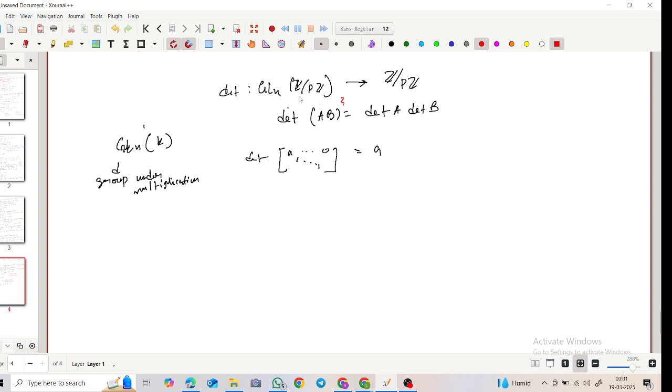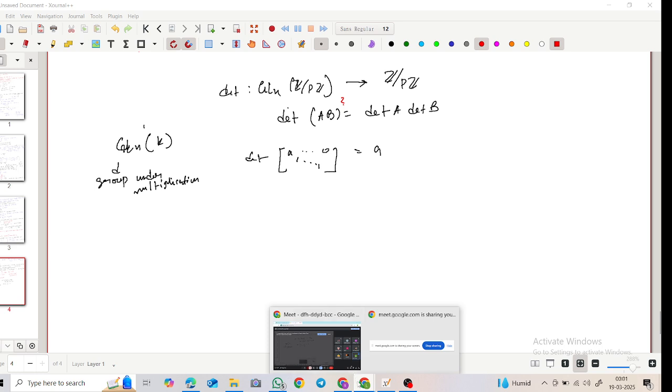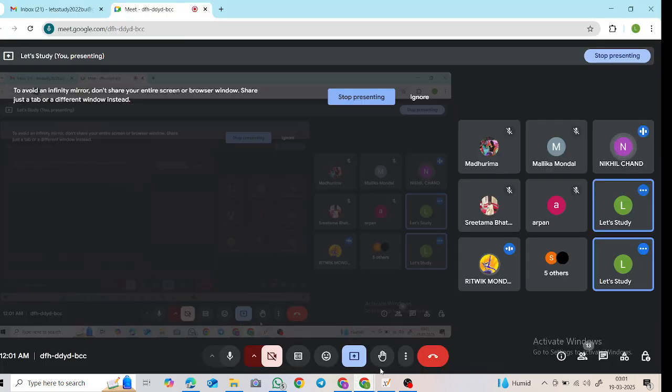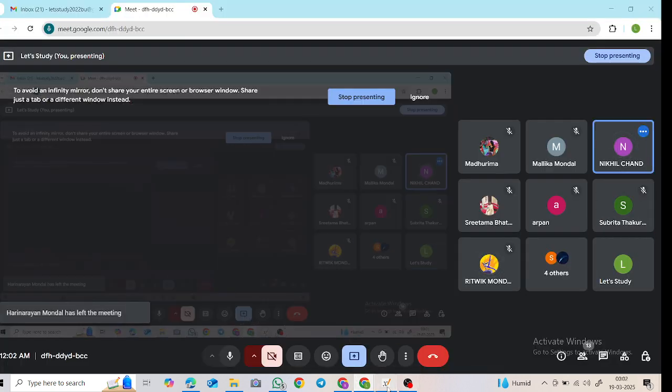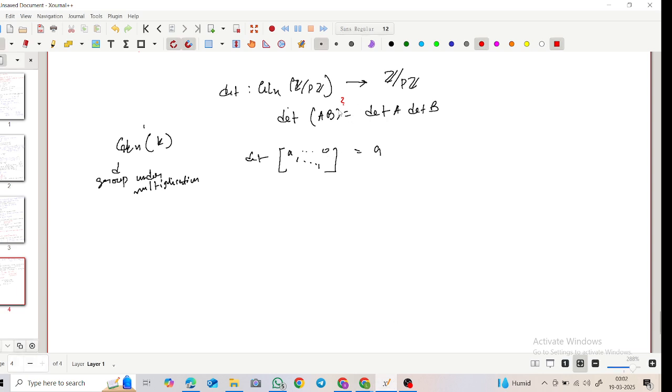These are not real matrices. Oh okay, sorry, sorry, sorry. So we will have to check these things. We will have to check this relation. It holds in R, but does it hold in Z mod pZ?